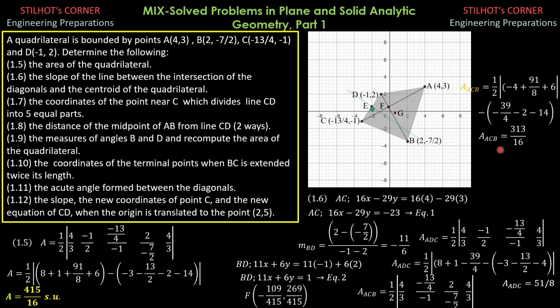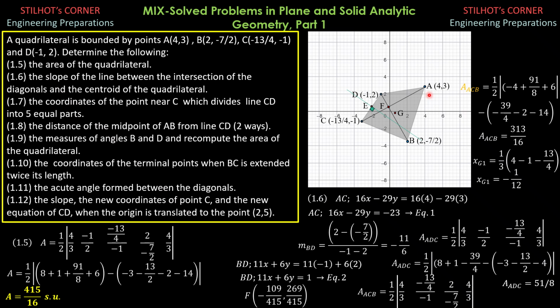Next, xg1, the x-coordinate of the centroid of triangle ADC, remember it's just the average. So 1/3 of 4, negative 1, and negative 13 over 4. So it is equal to negative 1 over 12. So it's somewhere here. Estimate, so that's acceptable.